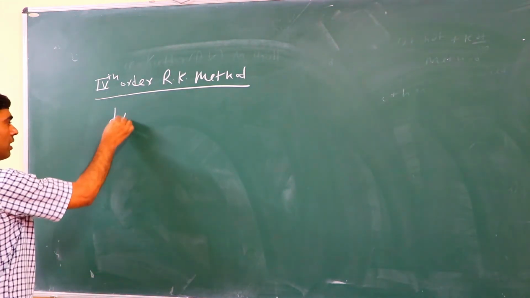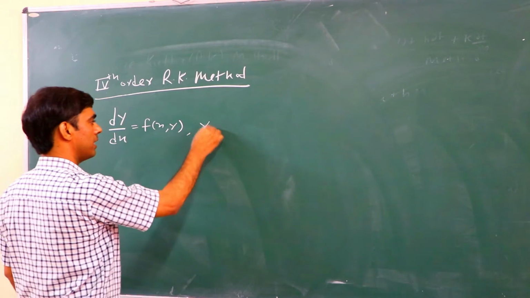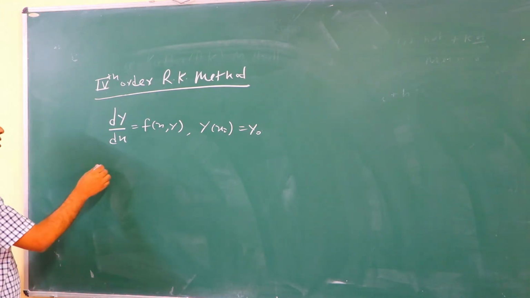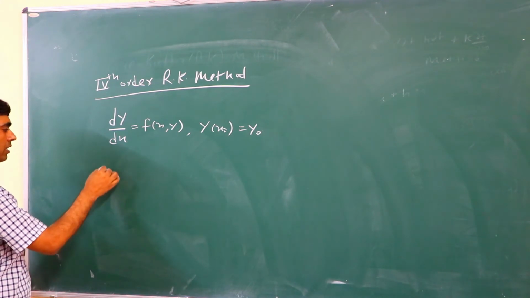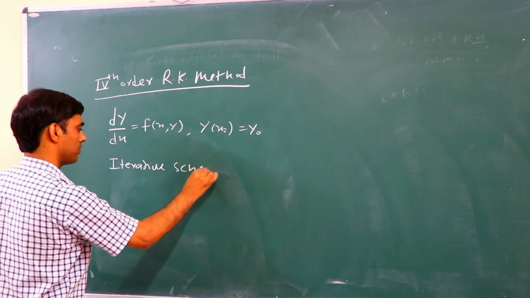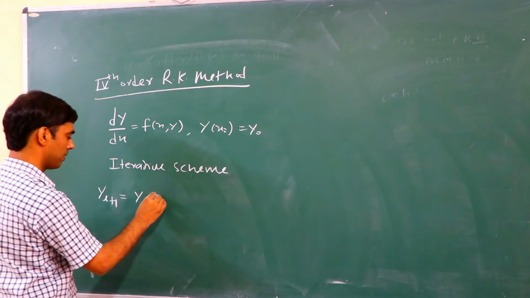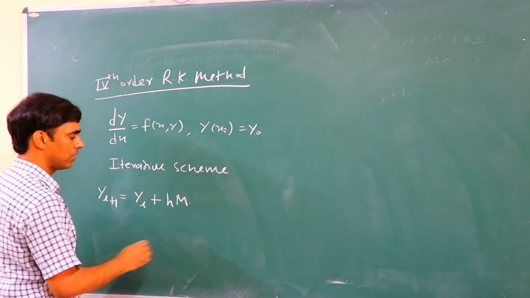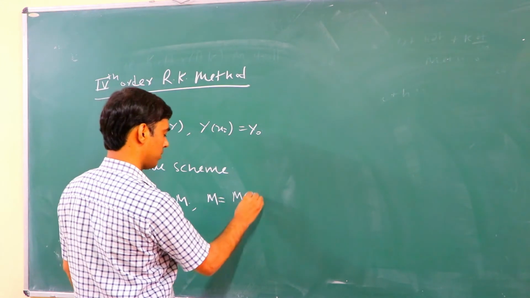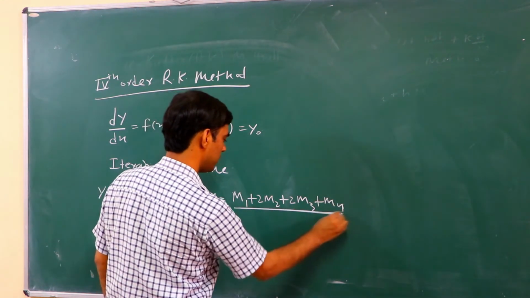If we write a first order differential equation dy by dx equals f(x,y), y(x0) equals y0, then what is the iterative scheme of the fourth order RK method? The iterative scheme is yi plus 1 equals yi plus hm, where m equals m1 plus 2m2 plus 2m3 plus m4, divided by 6.